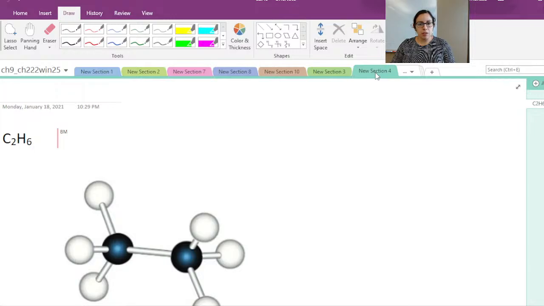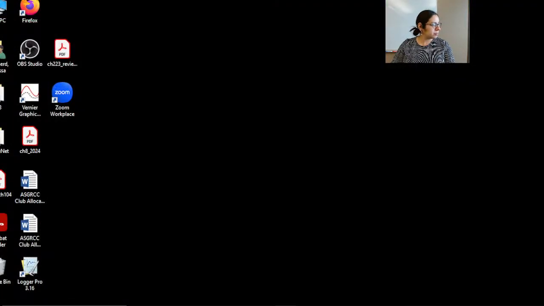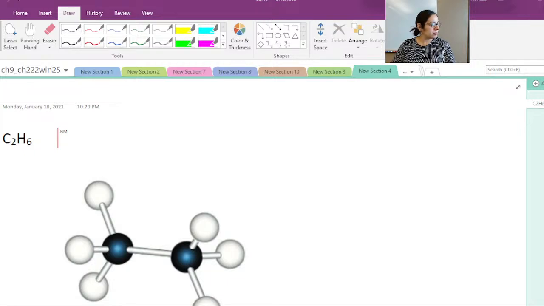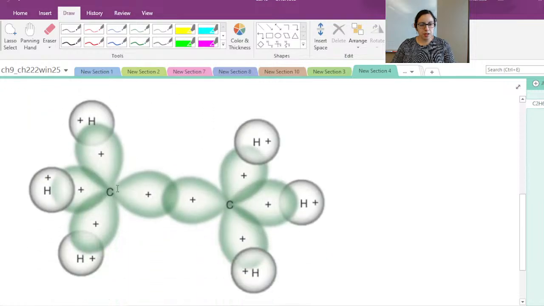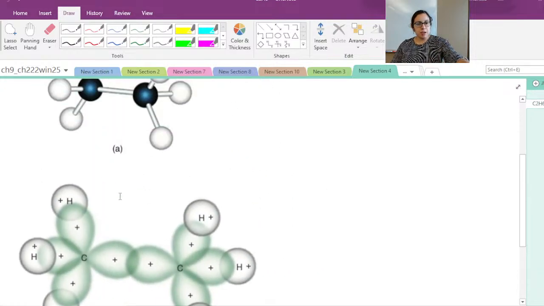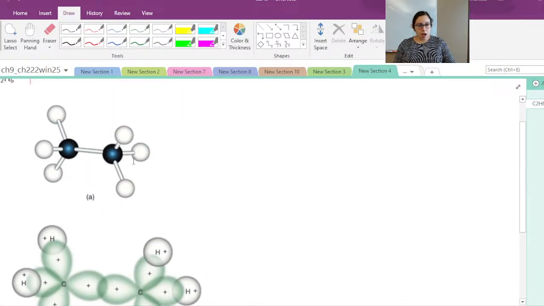So let's look at some other example. I think that's pretty self-explanatory. What's our hybridization on our carbon here? Count one more time. It is tetrahedral, so sp3.